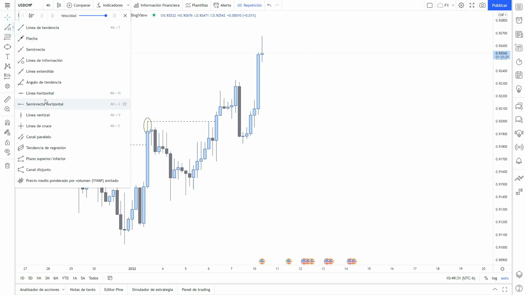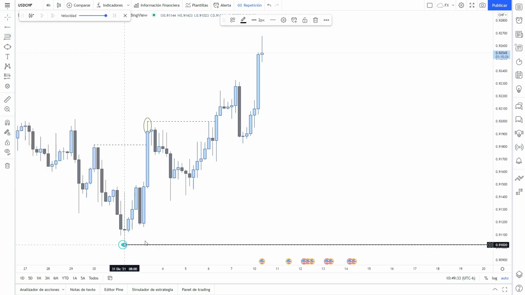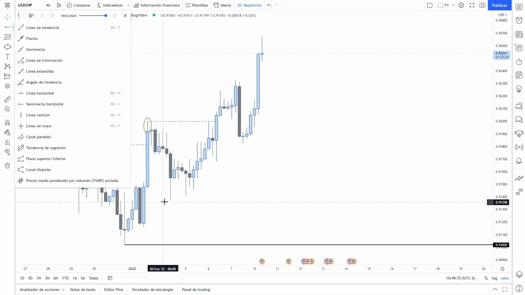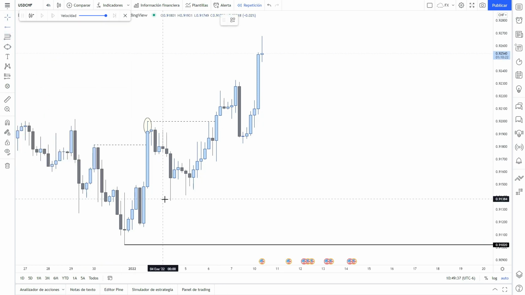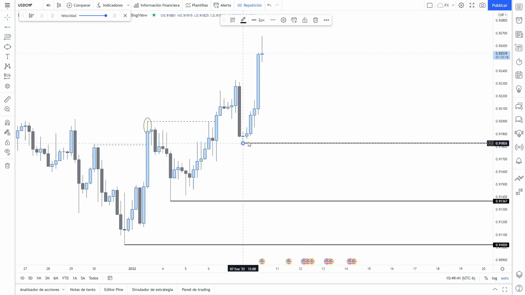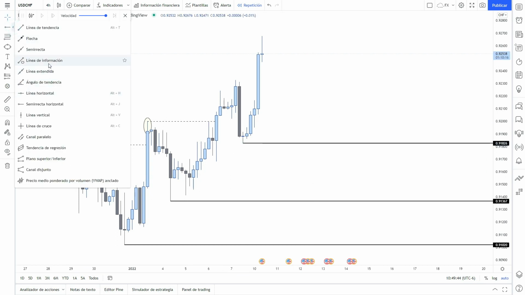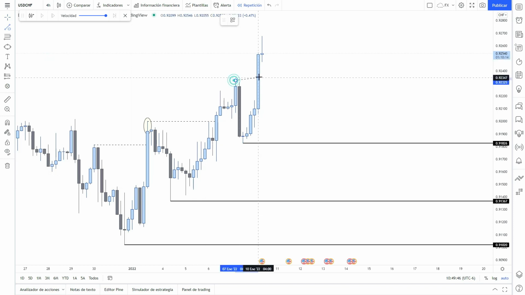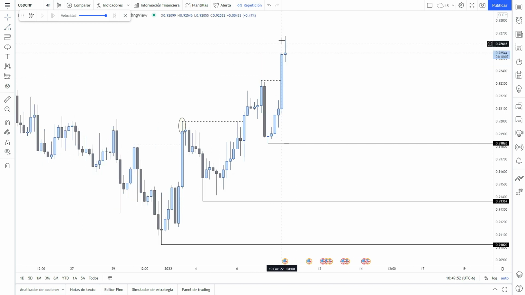And see our higher lows. We have higher lows being respected and more higher lows being respected. Check this. We have a new higher high being created, but see this body candle break. So that's what we need to see in our charts.